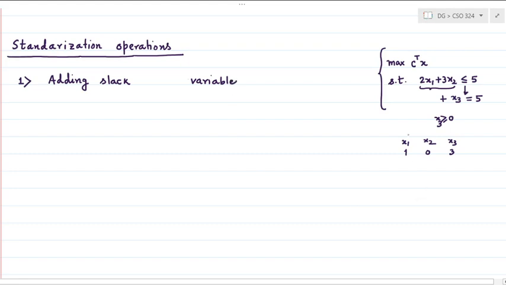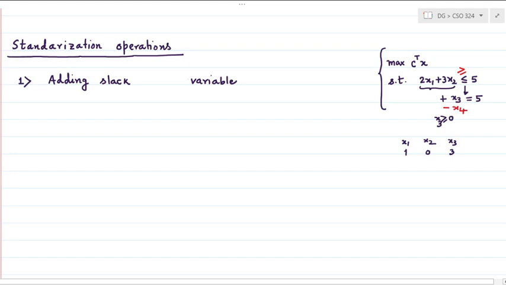Similarly, instead of less than or equal to, you might have a greater than or equal to sign. In that case, what we need to do is subtract a quantity which is excess, and that excess quantity is, let's suppose, x4. Once you subtract it, you will reach 5.